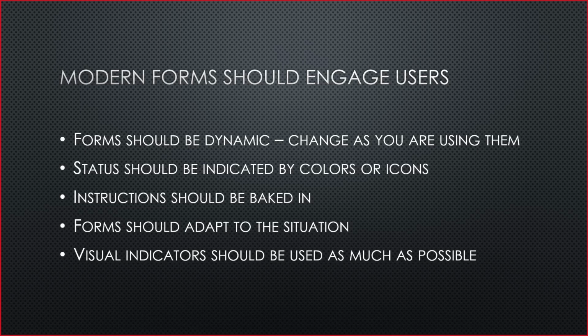It could be based on the user role. An administrative user would be doing more things with the record than a regular user, as an example. We want to indicate things like status by making use of colors and icons, because we're trained to think in that way instead of just having a plain white and gray form.